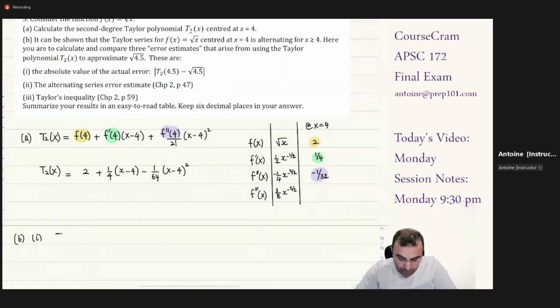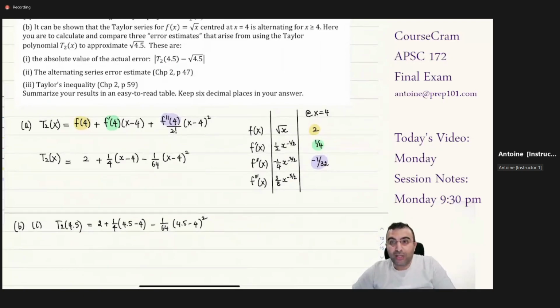So T2 of 4.5, you're plugging 4.5 into T2. So this is 2 plus 1 over 4 times 4.5 minus 4 minus 1 over 64 times 4.5 minus 4 squared.